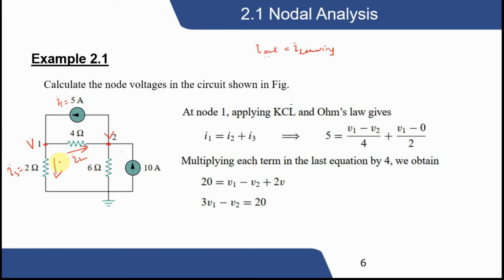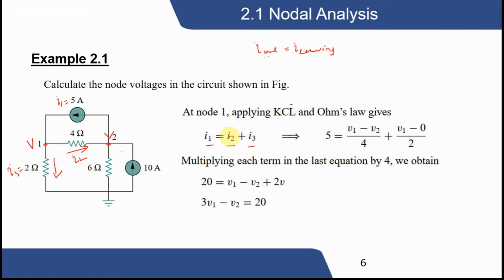So 5 ampere is entering, that is I1, and it equals I2 and I3, because these two are leaving. So we can say I1 equals I2 plus I3.